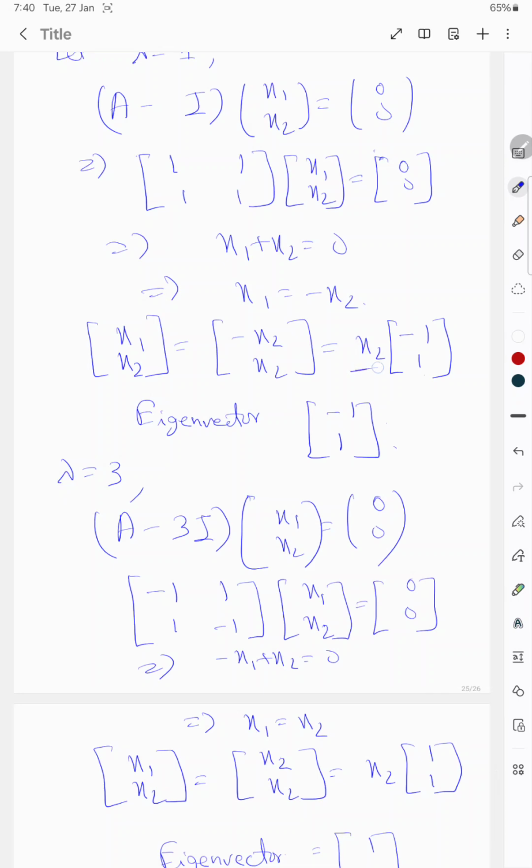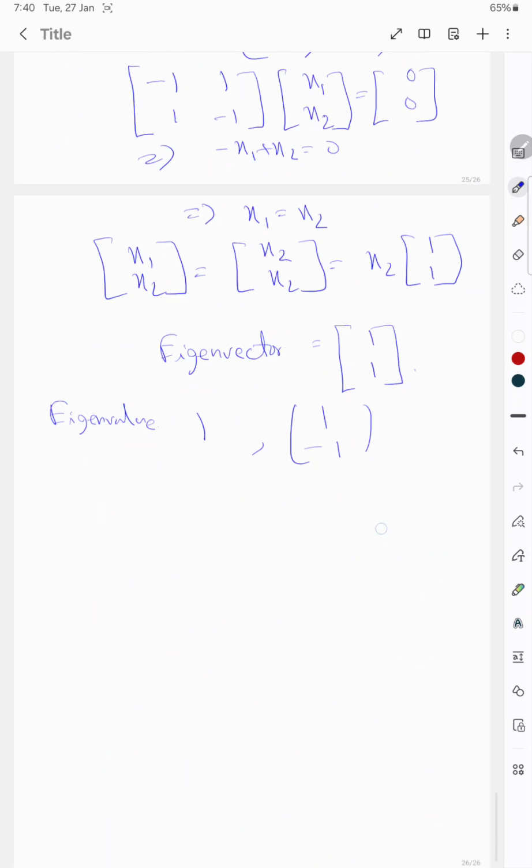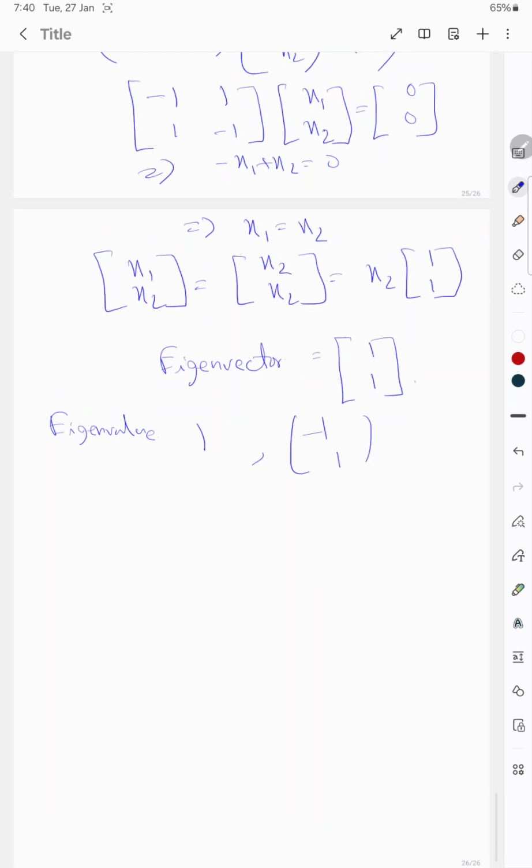I'm writing minus 1 1. And for 3 I have 1 1. Instead of 1 1 you can write, say, 2 comma 2, no problem, even minus 1 comma minus 1. Okay, so in this way you have to find the eigenvalue and eigenvector.